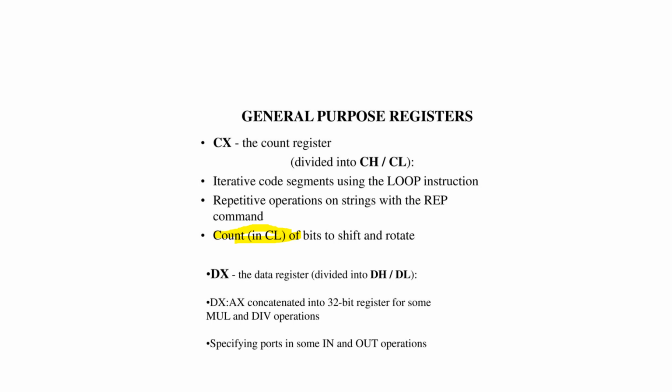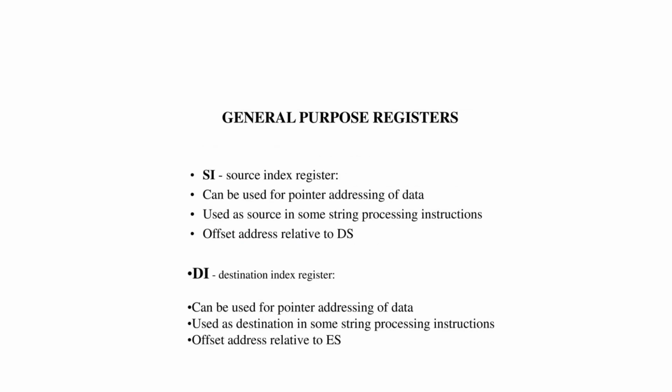And DX can be used as a normal register also, as well as for division and multiplication. And source index register SI, where you can load the input data, and destination index is for loading the output data.